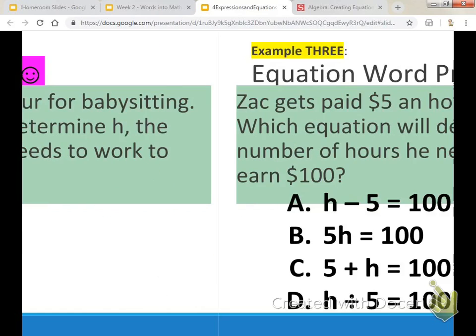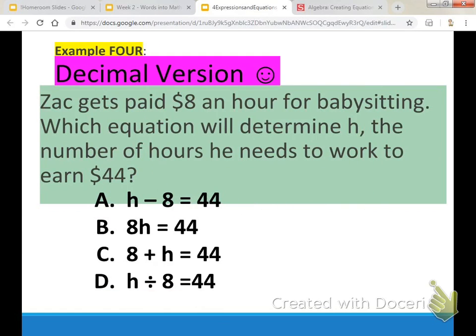Now we got one more. In this case, we have Zach getting paid $8 an hour, and he wants to earn $44. Now, this one's going to give us a decimal answer, so it's not as easy to figure out. But we said he gets paid $8 per hour. So 8 times the number of hours will give us 44.